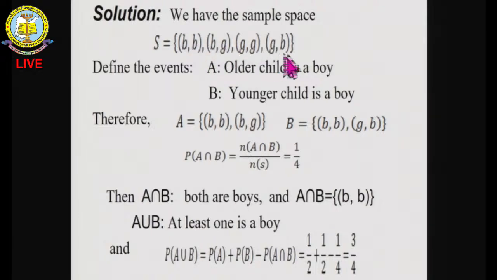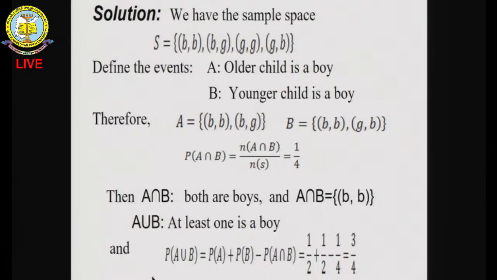So the number of outcomes in the sample space is 4, and the probability of A intersection B is equal to 1 by 4. A intersection B means both are boys, which is only BB. Then A union B means at least one is a boy.